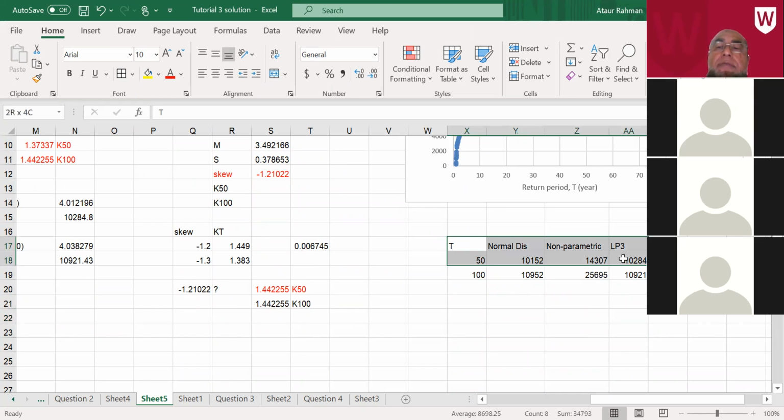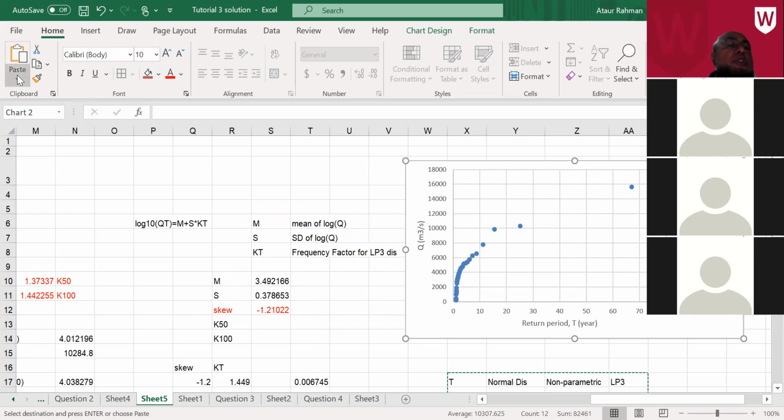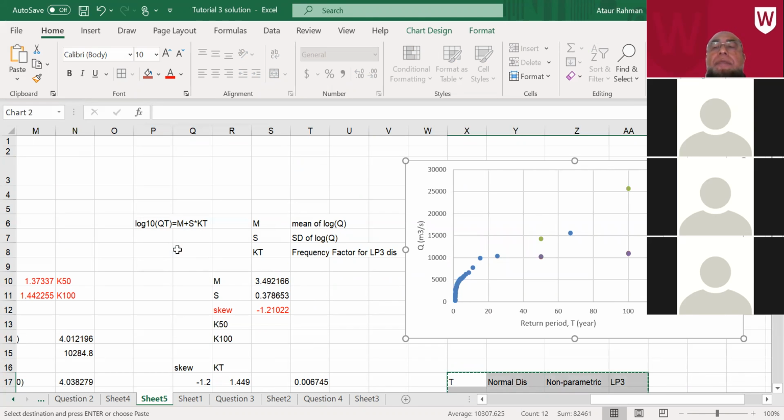Control C means I am selecting it, and then I want to paste it on that graph. So I select the graph area, go to Paste, and go to Paste Special. Then we select series names in the first row and category X values in the first column, and say okay.